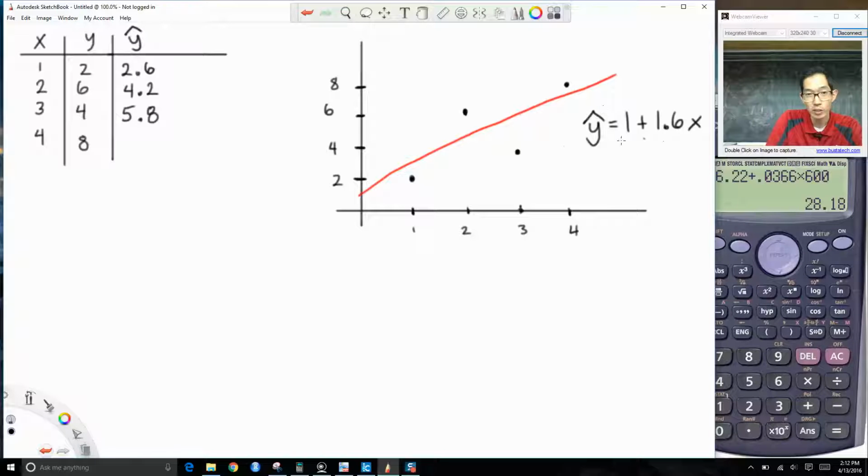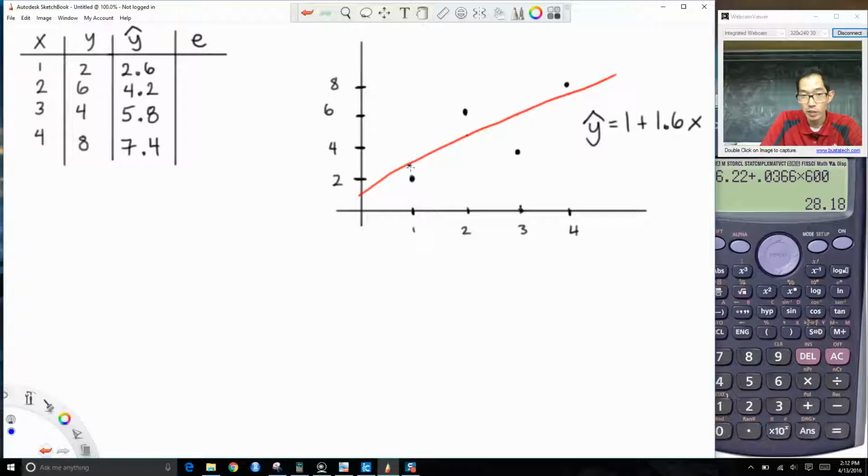And I plug in another 1.6 and I get 7.4. Okay, so right here, it's 2.6 and 4.2 and 5.8 and 7.4. Is that okay?